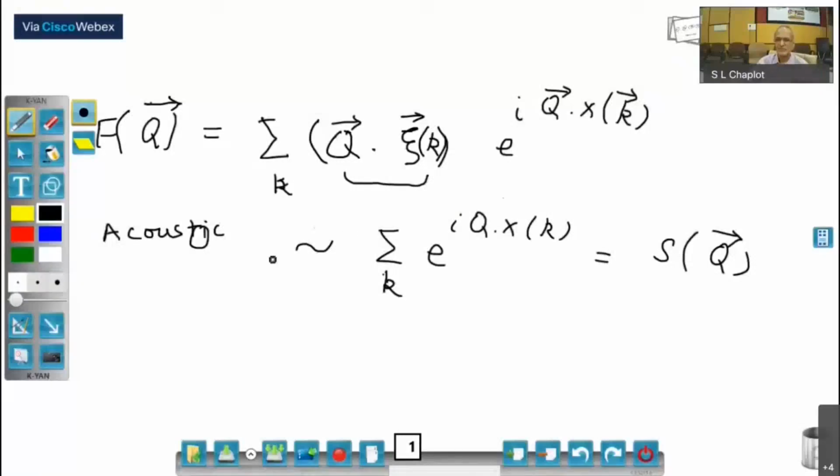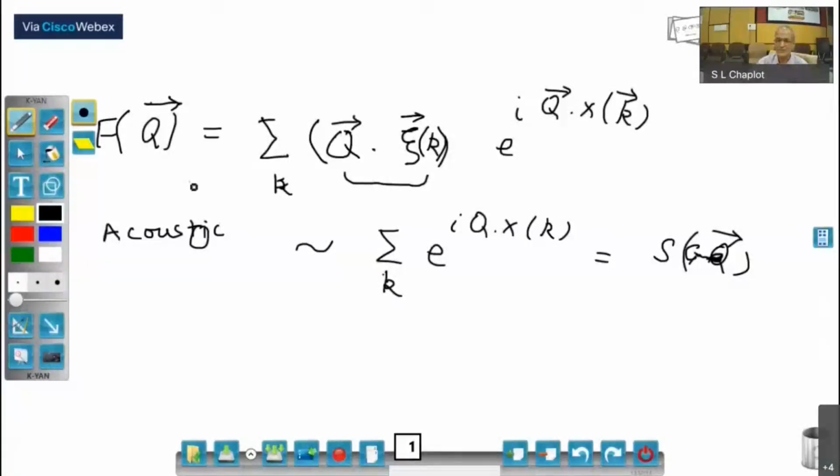So for acoustic modes, we get a similar dependence as a function of capital Q, sorry, I should say G here.